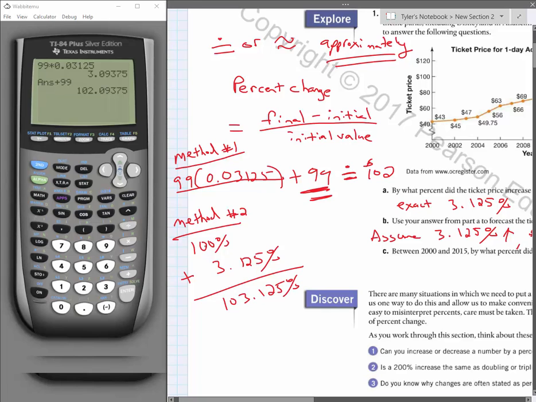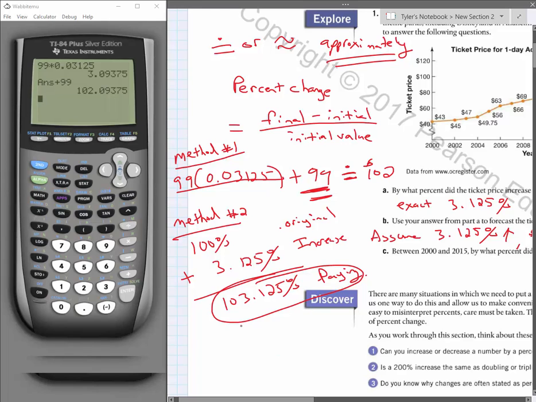So again, you can think about, I'm paying like 100%. This is my increase, right? So this is like my original amount, and then I have to pay this increase as well. So this is how much I end up paying in the end, which is 103% roughly, right?